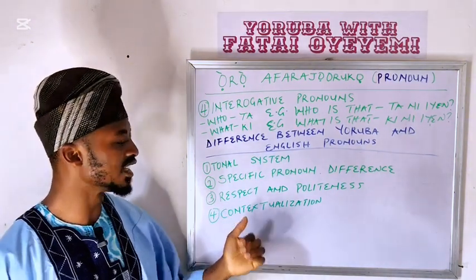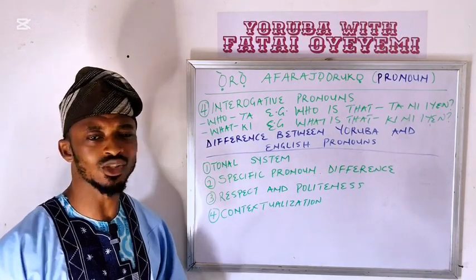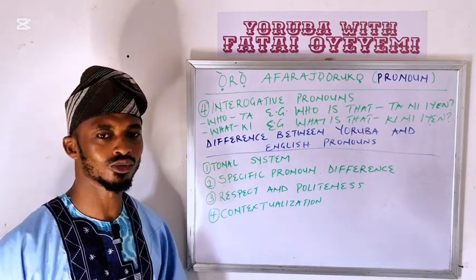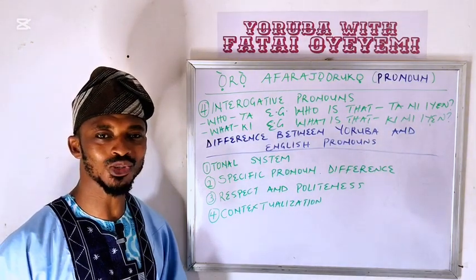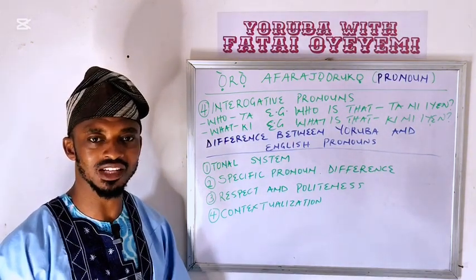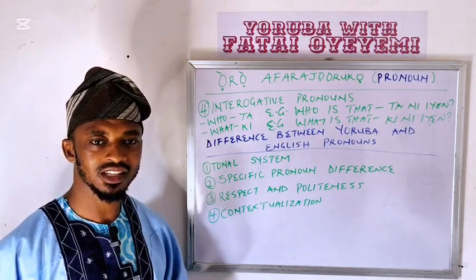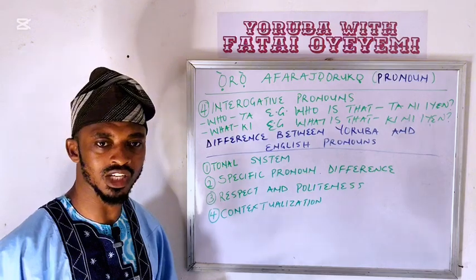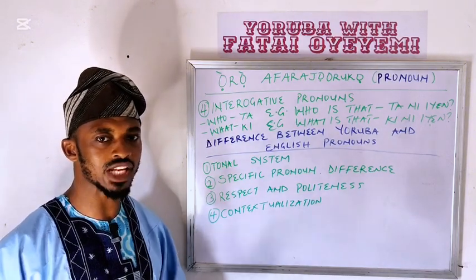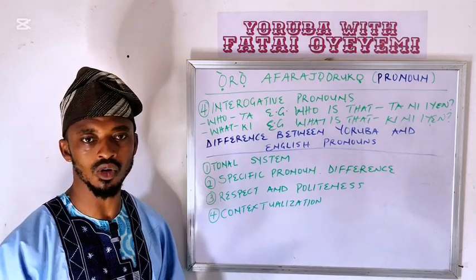Then 3, respect and politeness. There is one thing you can never take away from Yoruba people, and that is respect. The Yoruba culture is a culture that places importance on respect. So even this respect is evident in our pronoun and the way we address one another. For example, if I'm talking to someone that's my age, and I want to use you, I'll say Iwo.